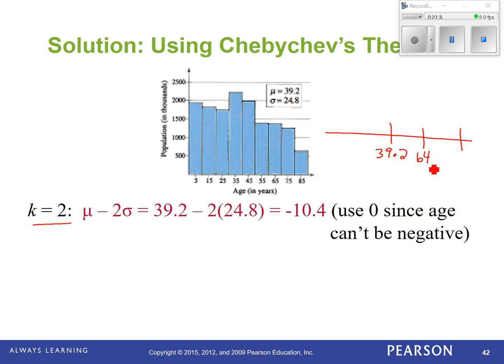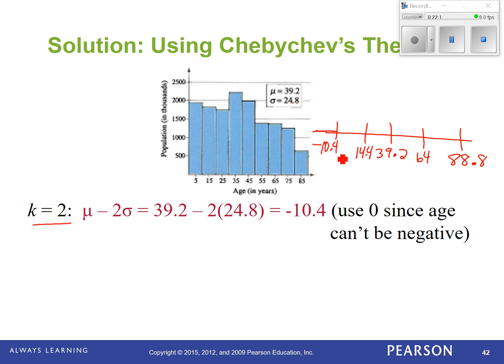Add another 24.8, which would be 88.8. Going the other way, we subtract: 39.2 minus 24.8 is 14.4. And if we subtract off another 24.8, we end up at about negative 10.4.